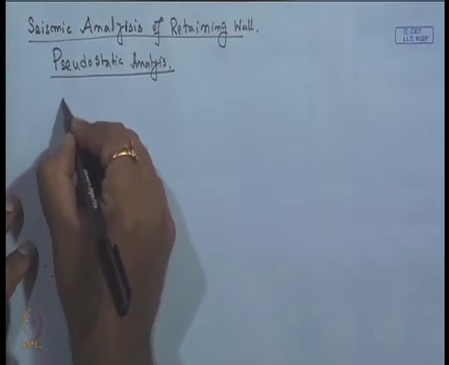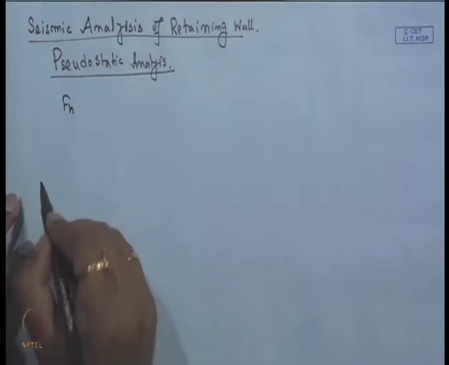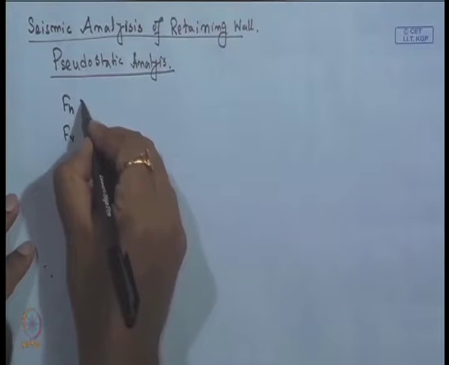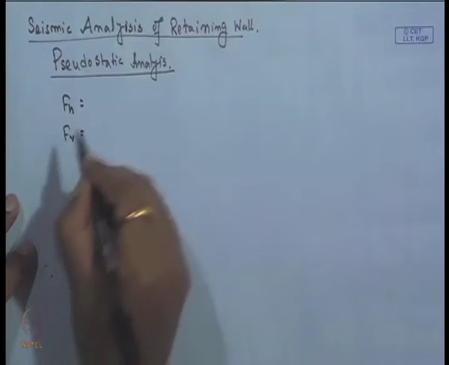So, here I will just concentrate on how these seismic forces are incorporated in the design of the reinforced and the traditional retaining wall. Suppose we have two components, one force in the horizontal direction and another force in the vertical direction.